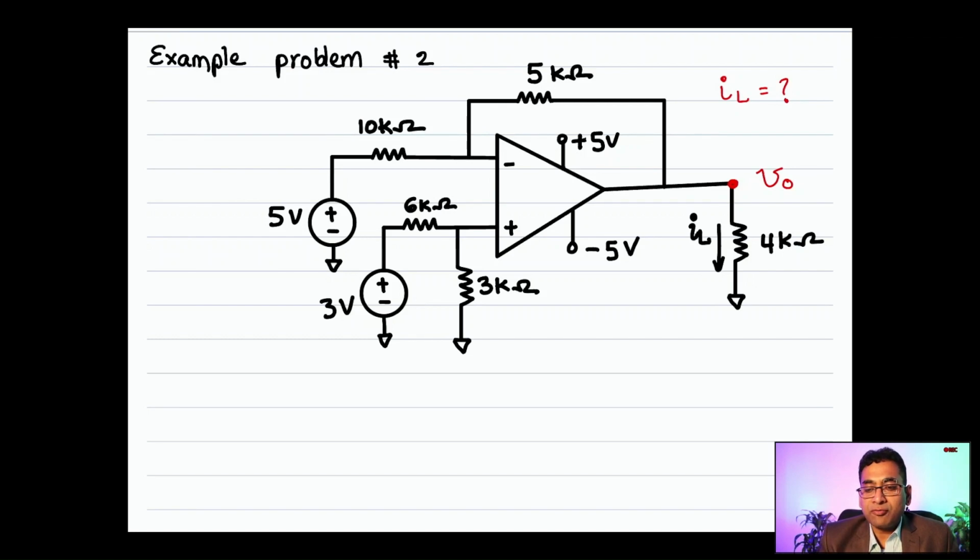If you know Vo, then you should be able to apply Ohm's law to calculate IL, because you know the resistance, 4 kilo ohm, this guy. So it's a known problem. They're asking the same thing. We want to find out Vo first and then get the value of IL from there.